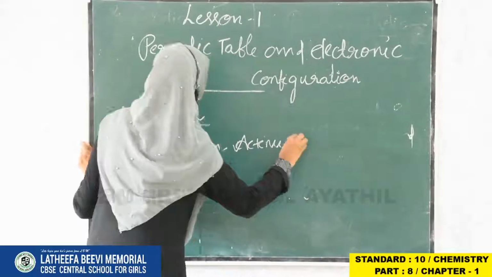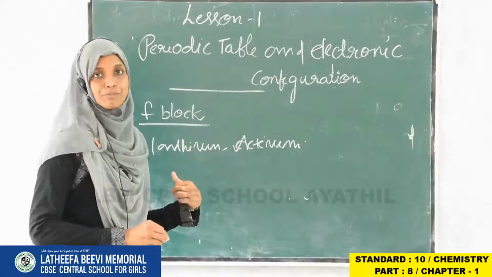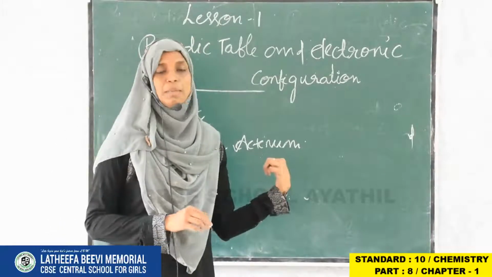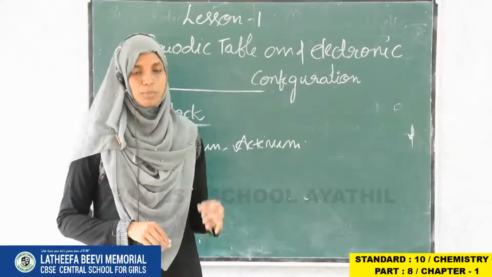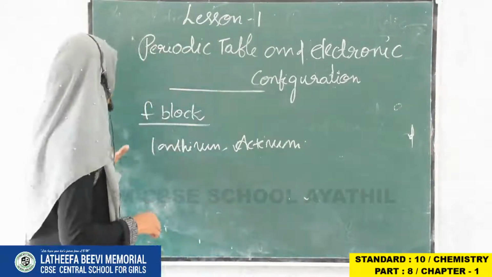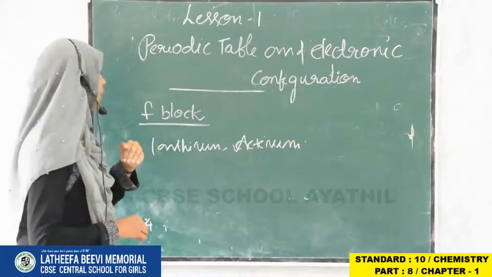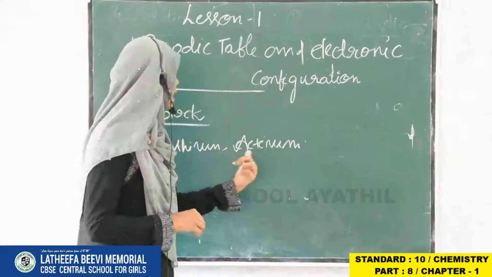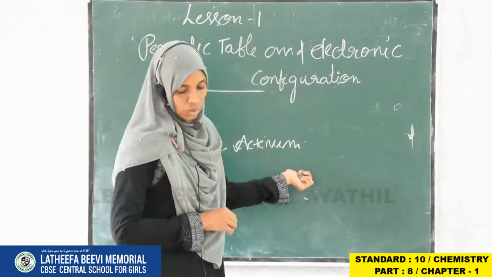So this is the last block in the periodic table, the F block elements. The F block elements come after lanthanum and actinium and are placed in 2 rows at the bottom of the periodic table. We have already learned about that. It is coming after what? Lanthanum and actinium.